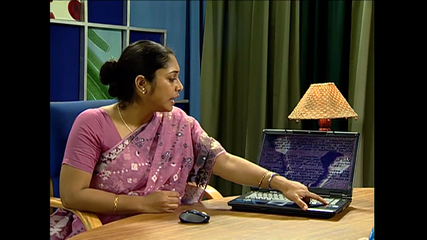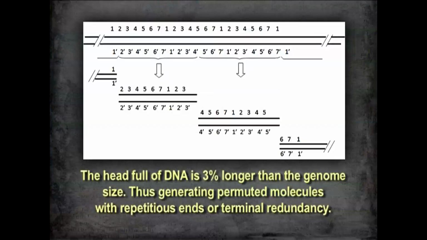And the DNA present inside the head of T4 is 3% longer than the genome size. That is why it is carrying some extra part. The initial part is repeated at both the ends. That is why terminal redundancy appears. Suppose from here 2 to 1 is the complete genome length.